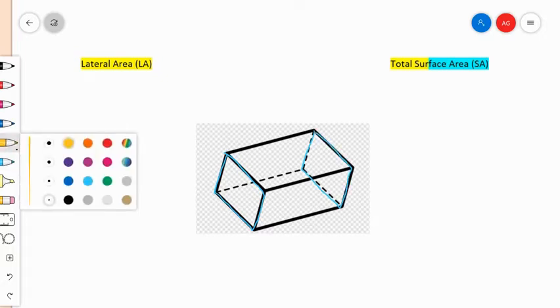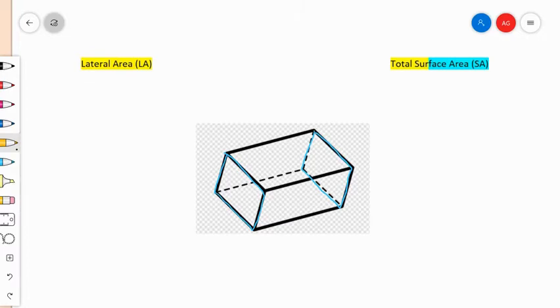Then what's going to be considered the lateral is everything else. We have this top rectangle up here, this side one down here, then this one in the back, and this bottom one down here. That's what we call my lateral area.